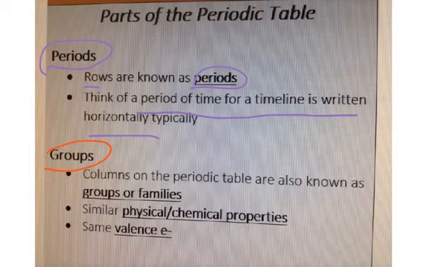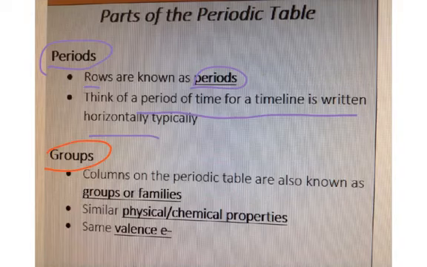Well, groups or families are the same, and the columns of the periodic table have very similar chemical and physical properties, which is actually surprising because when you look at a column, the elements are farther from each other by number than in a period. A lot of people would assume that the elements in the same period would have similar properties, but that's not the case.